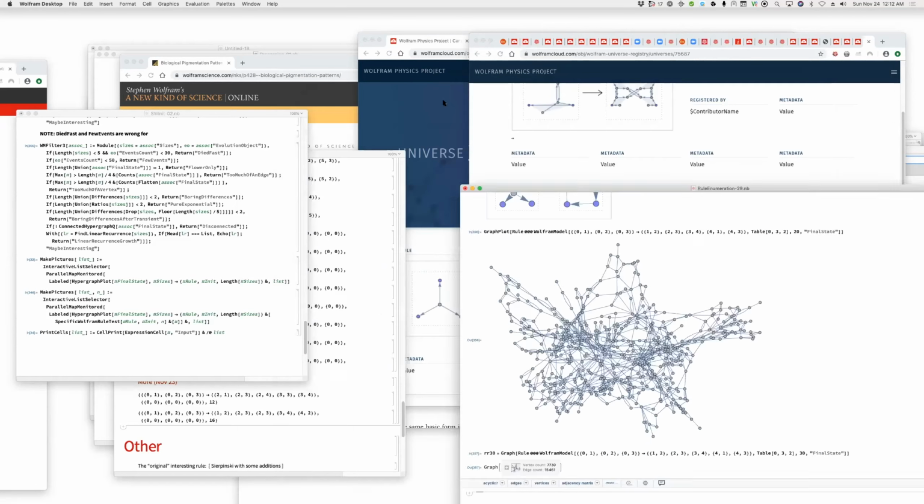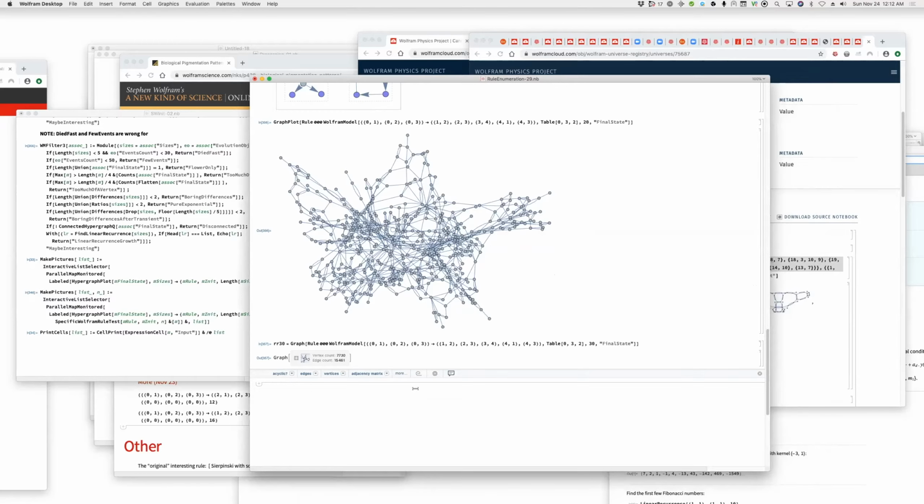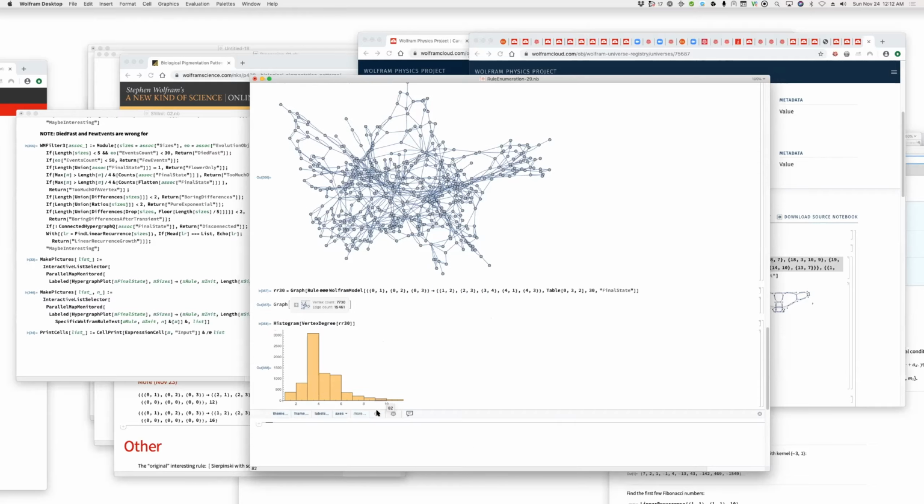I had a neat way to do it. Vertex degree of this graph, and then you can do it histogram, right? Let's just, well, there's nothing too dramatic there, but let's just say max. Can you do plot range just to all? Because I think it's truncated something.